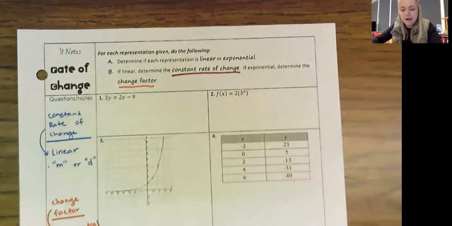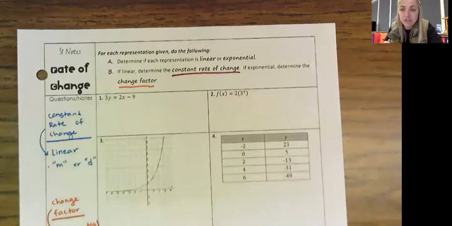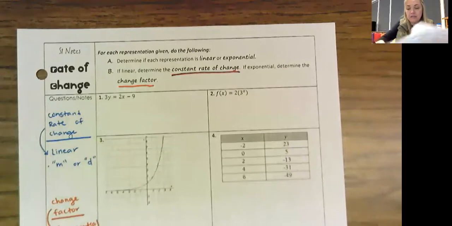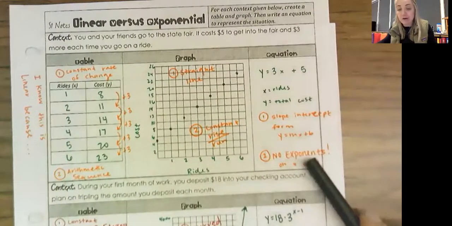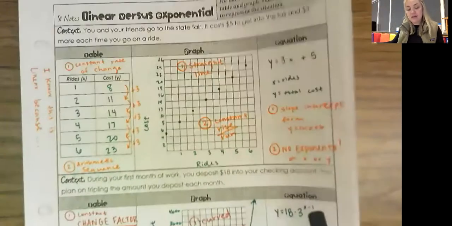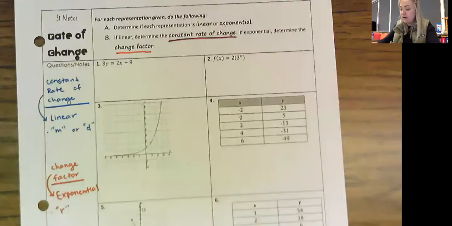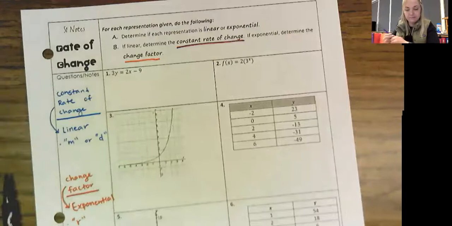Okay, so on number one, I want to find the constant rate of change or the change factor. If you look at this, I can go back to that page of notes we did the other day where we said if you have an equation and there are no exponents, it is going to be a linear equation. So on number one, I know, first of all, that it is linear.